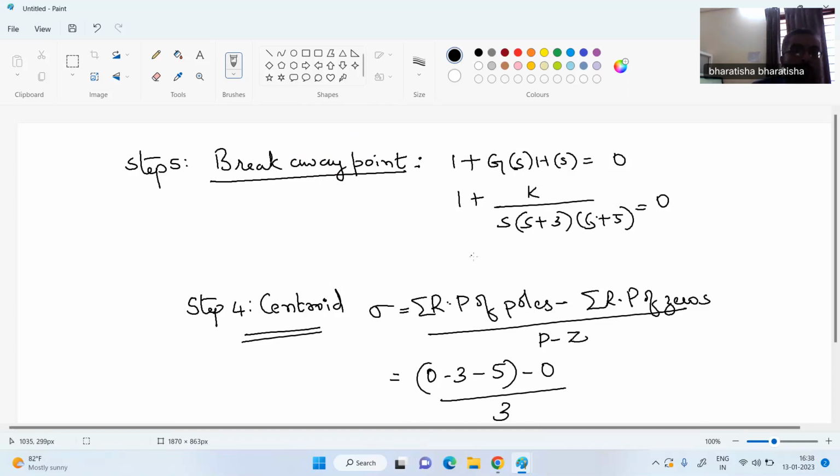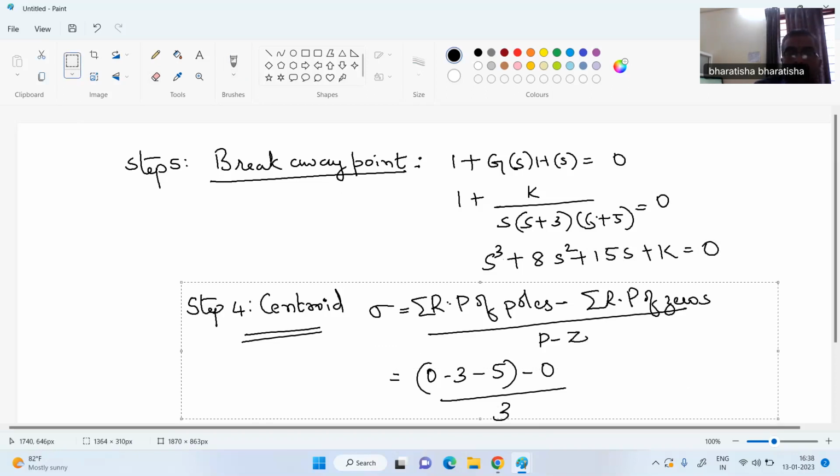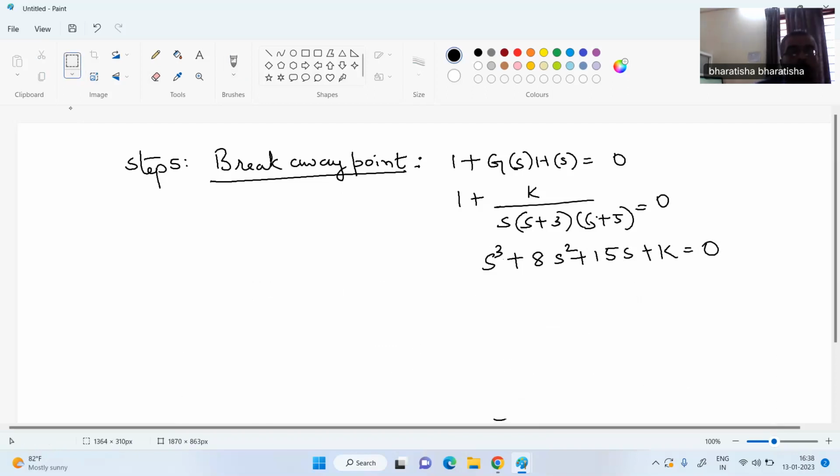From this you are going to get a cubic equation. It is s cube plus 8s square plus 15s plus K is equal to 0. So once you have got this cubic equation, you just arrange for K. That is, you have to arrange K is equal to f of s, some function of s.